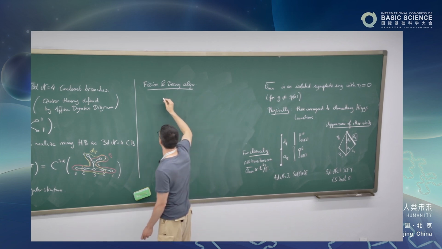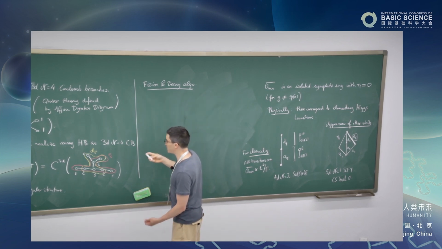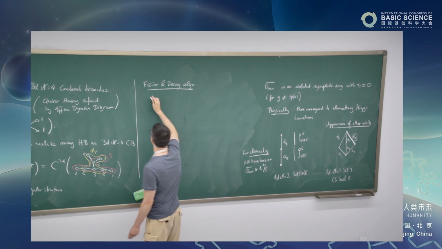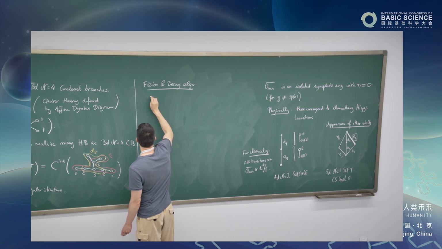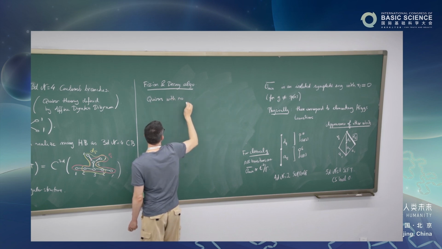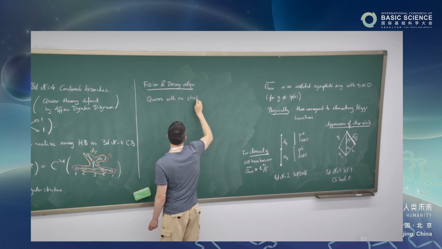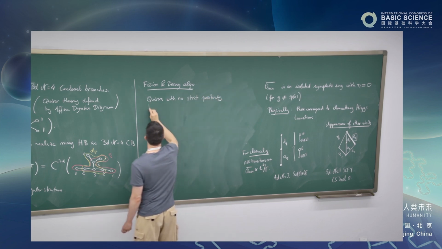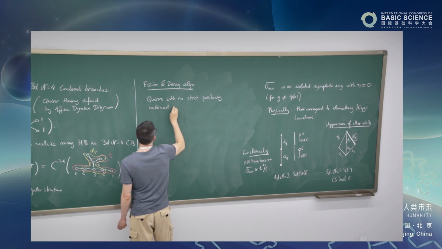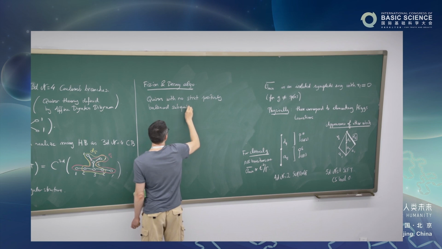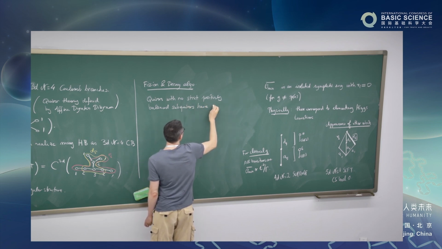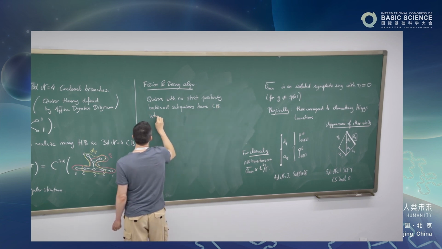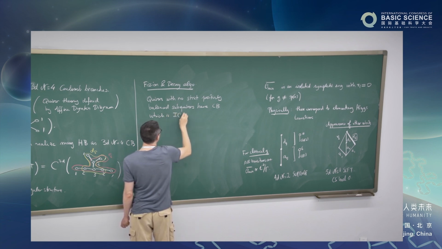So I will not describe the full algorithm here, but I will just describe a consequence of this algorithm. A consequence is if you find quivers with no strict positively balanced subquivers, they have a Coulomb branch which is an isolated conical symplectic singularity.